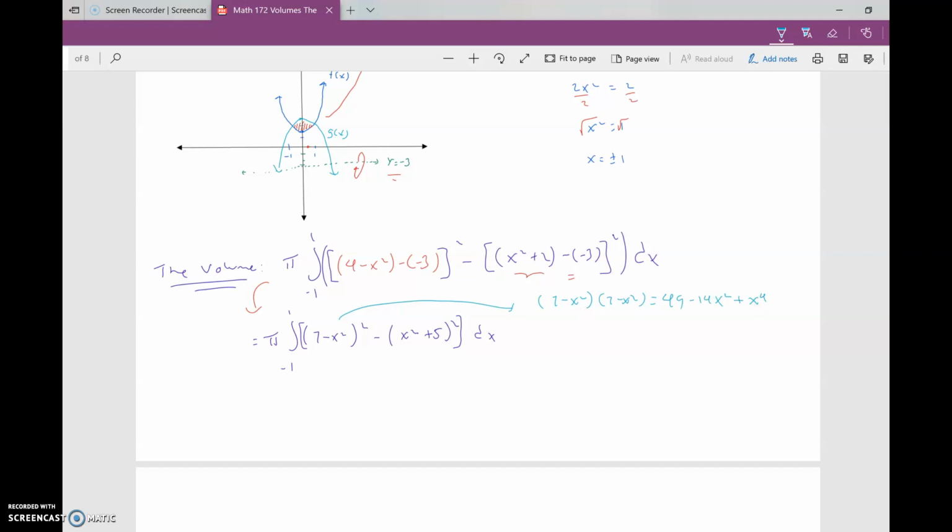And then the plus x squared. The second one, it's going to be x squared plus 5 times x squared plus 5. This is equal to x to the fourth plus 5 and 5. That would be 10x squared plus 25. And let me double check. X squared, x to the 4, 5 and 5 would be 10 and 25.